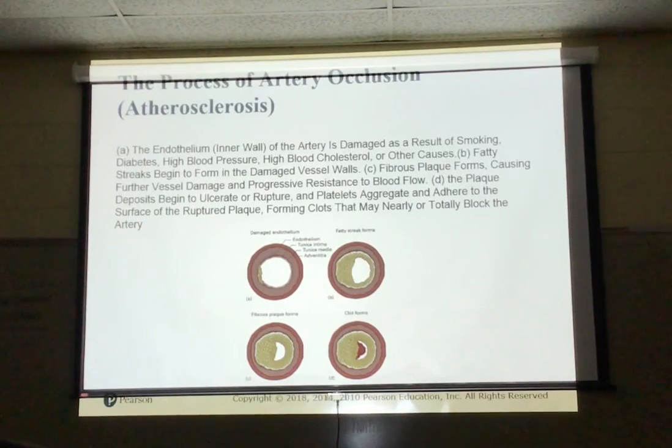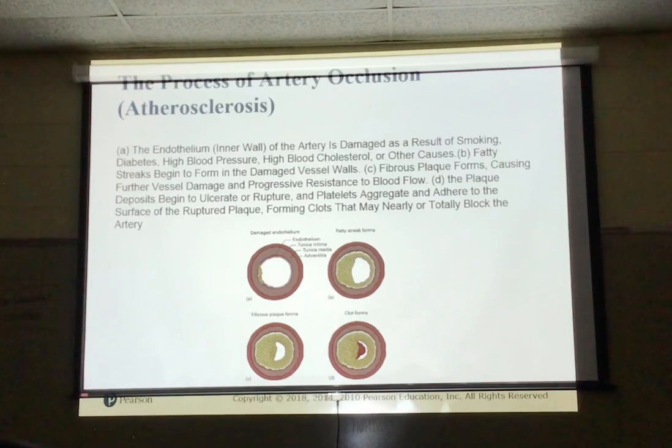When the heart muscle becomes deprived of oxygen and starts to die, this can and will lead to a heart attack and subsequent heart failure or a serious cardiac rhythm disturbance.